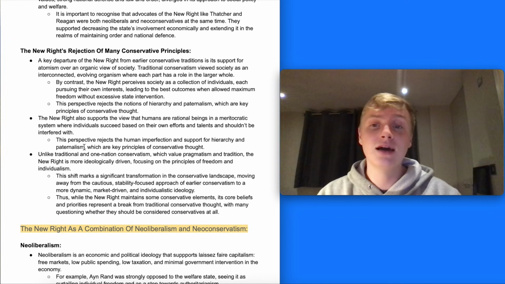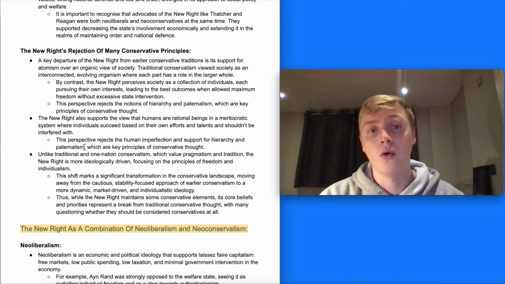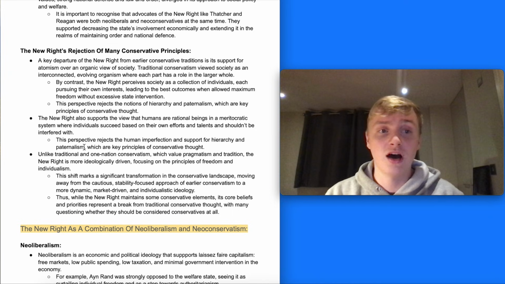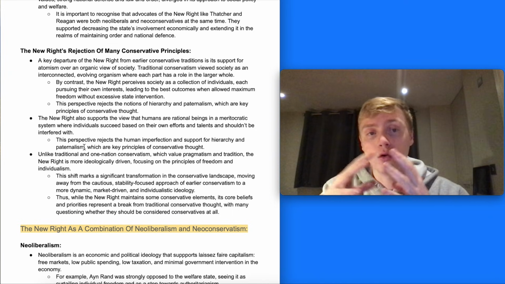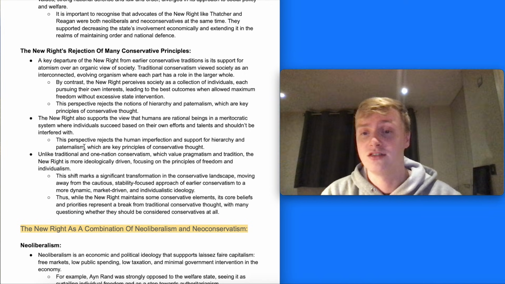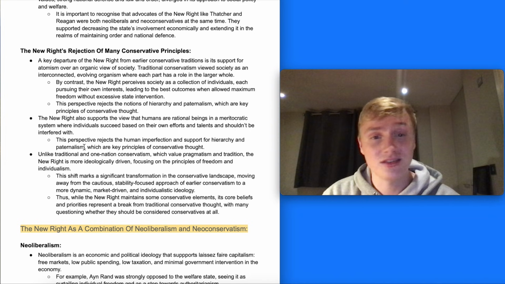And a key departure was in atomism, instead of support for an organic society. So rather than traditional conservatism, which viewed society as an interconnected, evolving organism, and you see this in One Nation Conservatism, where they talk about the idea of a cohesive society, the new right effectively perceives society as a collection of individuals.